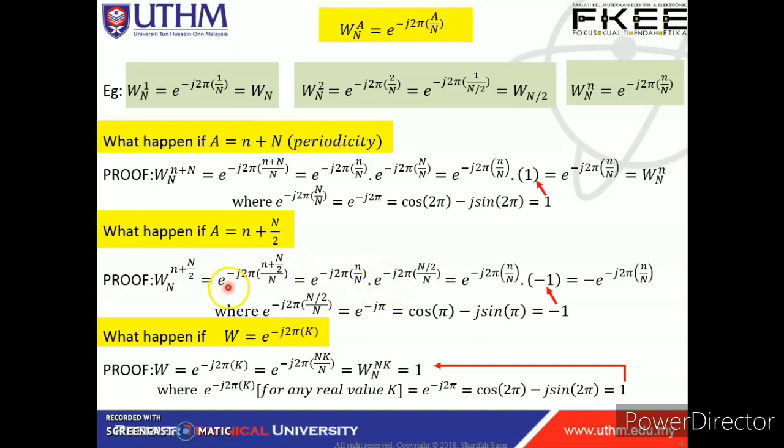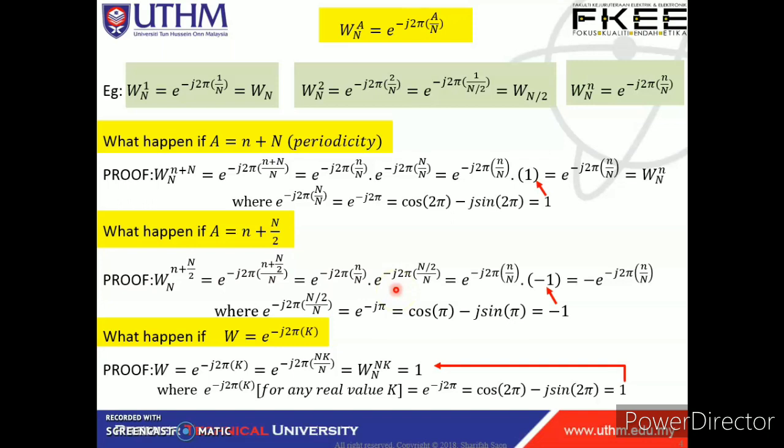The first part is exponent negative j 2 pi n divided by number of sample. Another part is exponent negative j 2 pi number of sample divided by 2 divided by number of sample. So this is the second part. We can simplify this part, since number of sample divided by number of sample cancels out, and the 2 also cancels out.